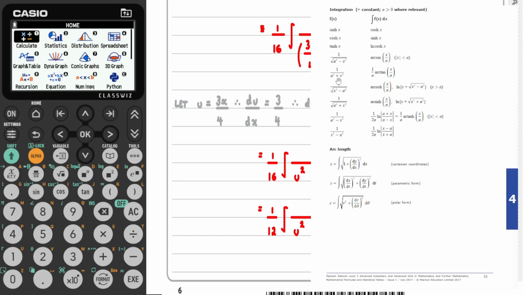which is now in an integrable form as we see here. Instead of us having an x, we've got a u, and instead of us having an a, we've got 1.